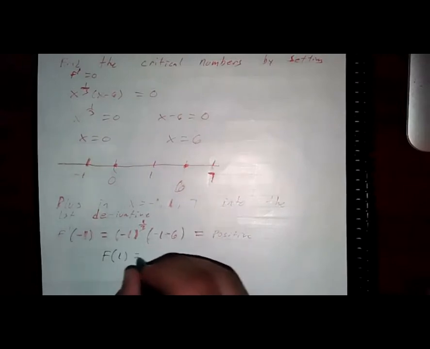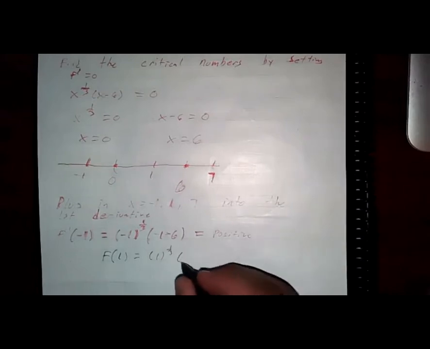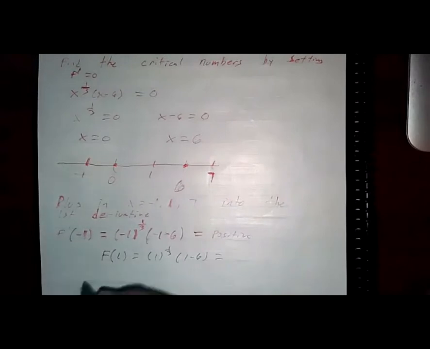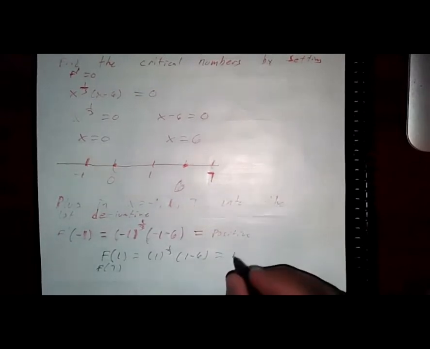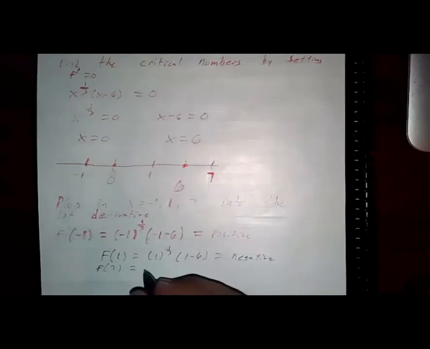F of 1. Is this positive or negative? Negative. Yeah. F of 7.